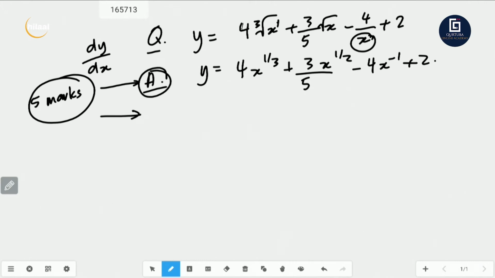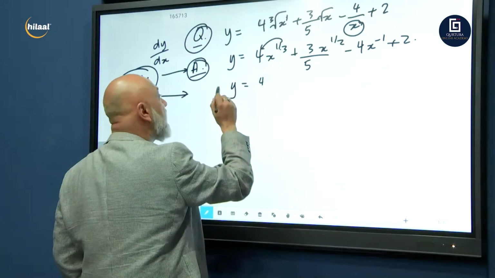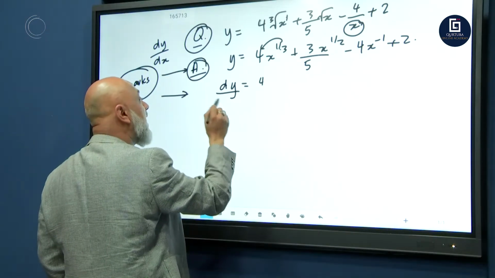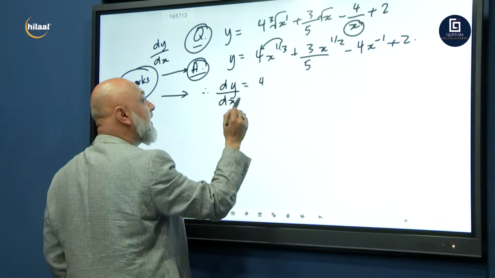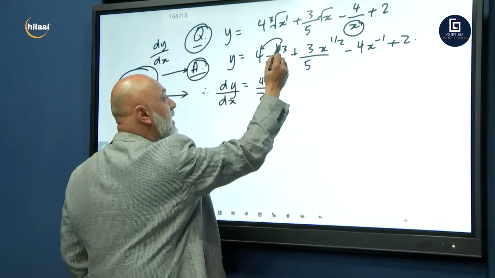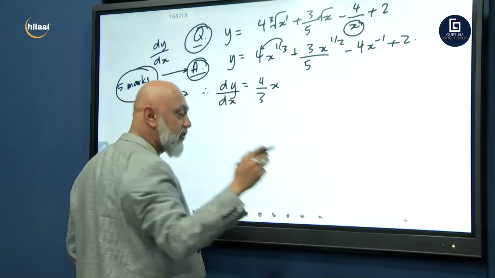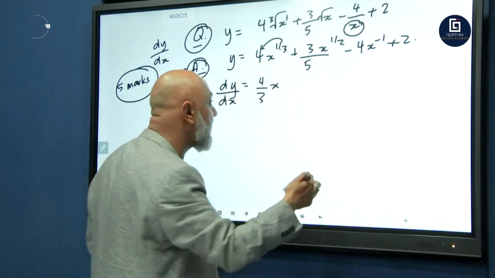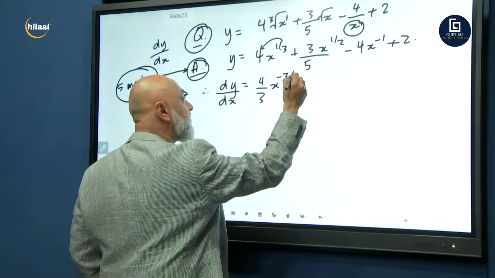Let's do the derivative. We are now going to apply the power rule. So what do we have? A third times 4 is 4 over 3. Therefore dy over dx, the derivative, is 4 over 3 x to the power a third minus 1. So 1 over 3 minus 3 over 3 is minus 2 over 3.